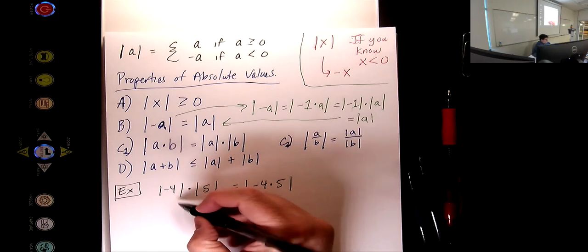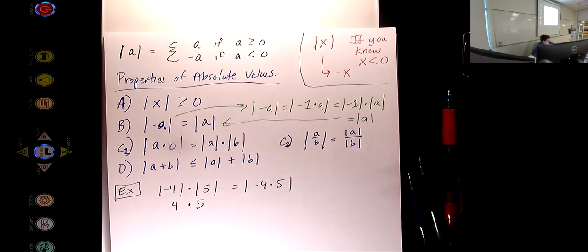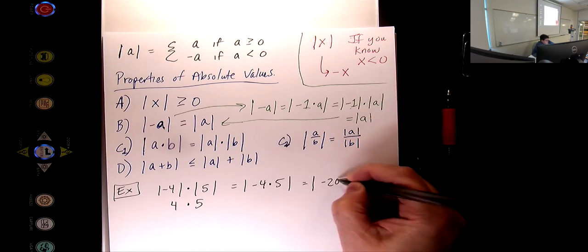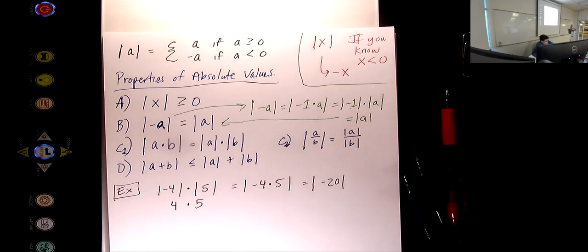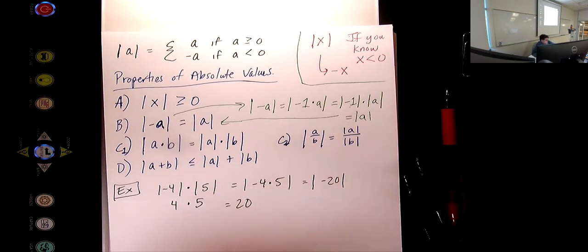The absolute value of -4 is +4, and the absolute value of 5 is +5. On the left side, we have the absolute value of -20. -4 times 5 is -20, so when I take the absolute value of that, I get +20. And we know that 4 times 5 is in fact 20.